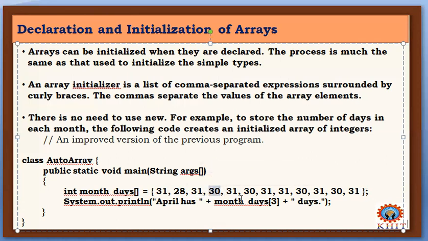Okay, and here I am not giving the size also, but how can it take the size? Depending on the values. So how many values have we given here? 12 values we have given. Automatically the size will be declared as 12. So when you execute this program also, you'll get the same thing.